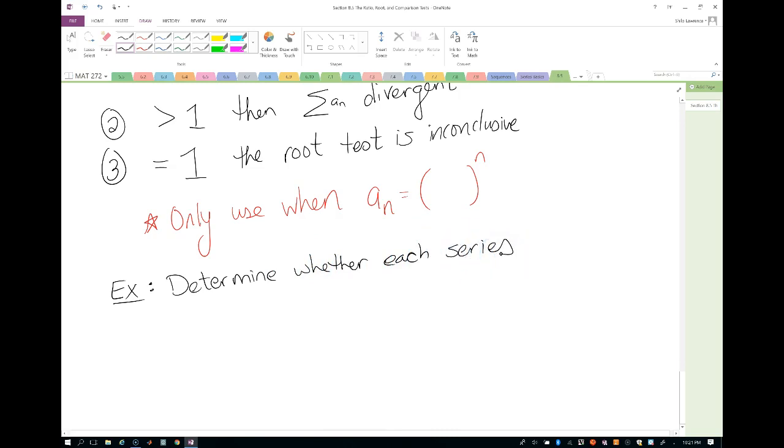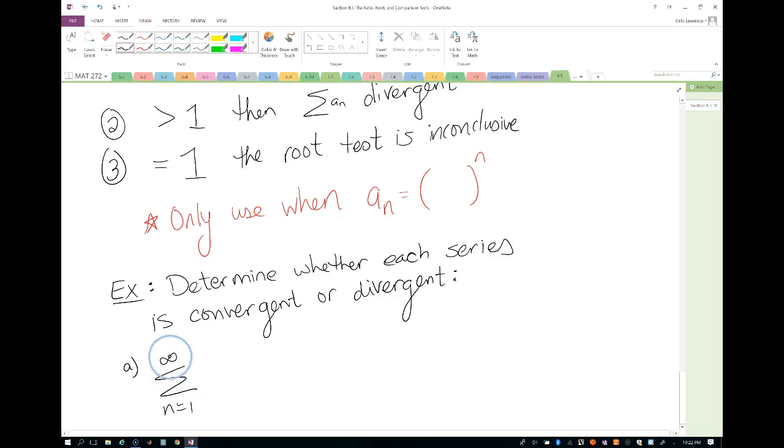Just like the rest, we're going to determine whether each series is convergent or divergent. And for the first one, we're trying to calculate the sum from 1 to infinity of (2n minus 5) over (3n) to the nth power.